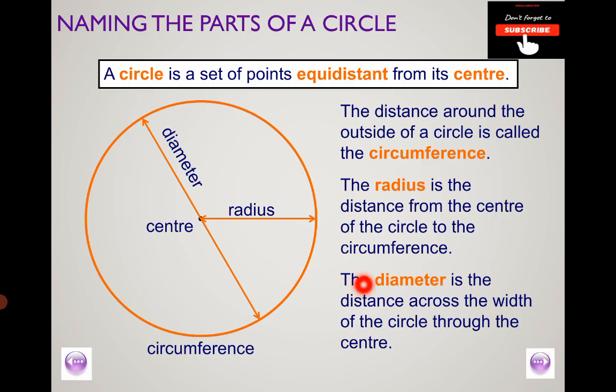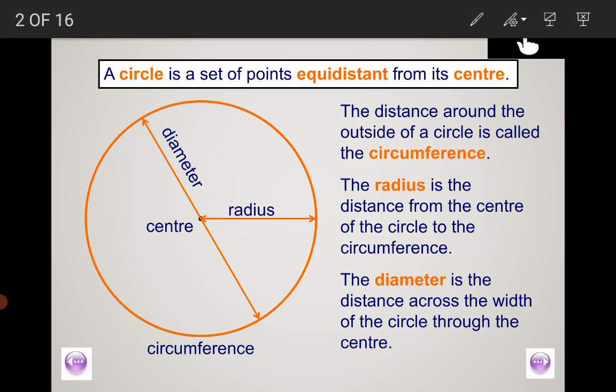So we are defining the diameter as the distance across the width. Okay, this is the distance across the width. Across means passing through. Yeah, so through the center of the circle, it will form the diameter.